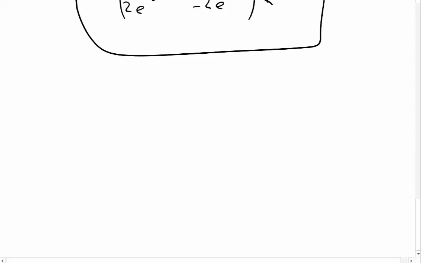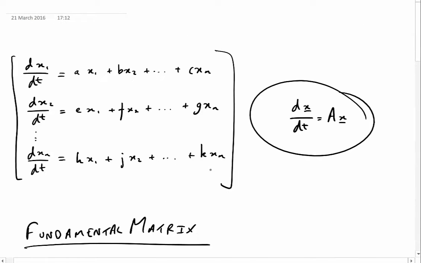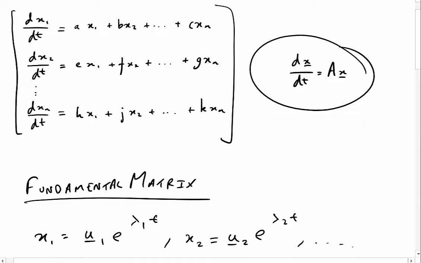So hopefully you're a little bit happier now with fundamental solutions and fundamental matrices, and that makes more sense. Now just recall that if we have our system, like we had at the beginning of the video, well, we can have a general solution, which will just be a linear combination of all of our solutions.